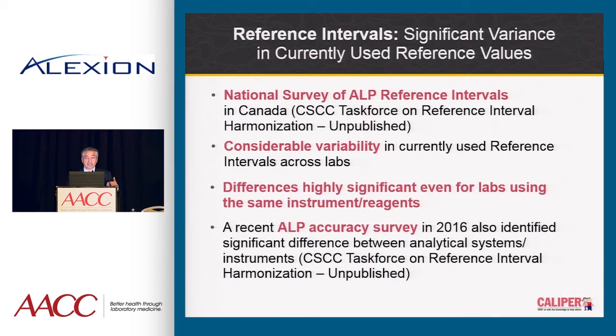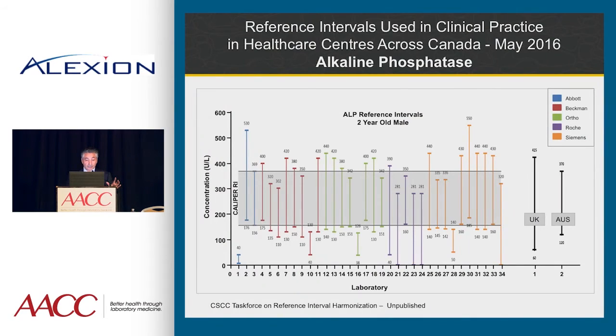This task force looked at reference intervals by doing a survey of what people are using for different tests. We initially did a survey of 7 tests, including alkaline phosphatase. I have a lot of slides, but I'm just going to show you 2 slides to highlight the problem we're currently facing. This is data from about 34 labs.